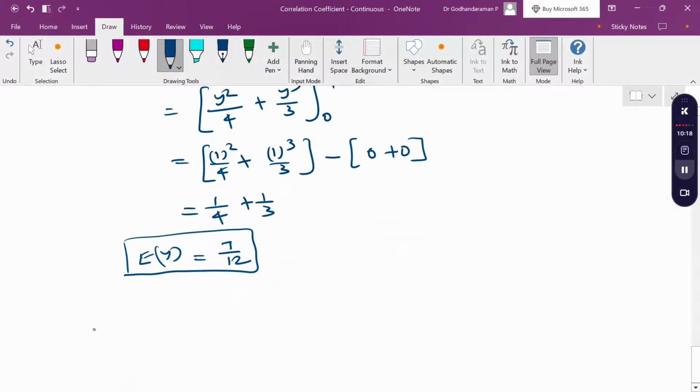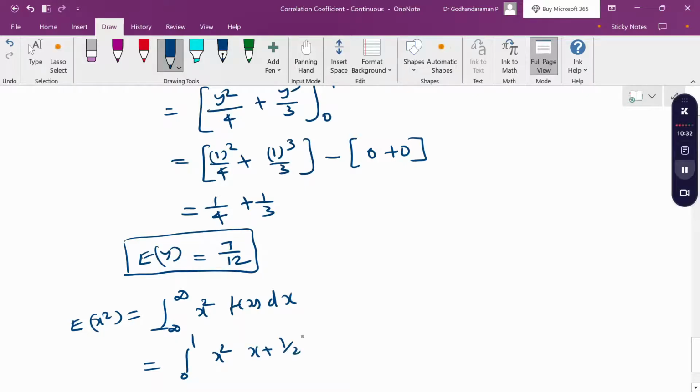And then x square, expectation of x square, integral minus infinity to plus infinity x square f of x dx, then 0 to 1 x square (x plus 1)/2 into dx.